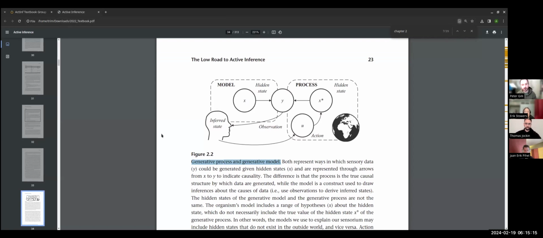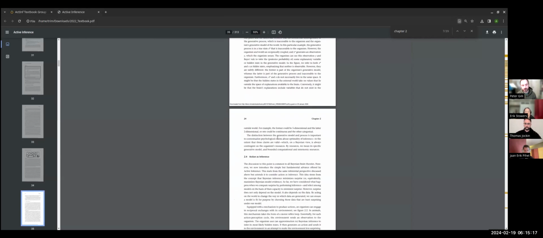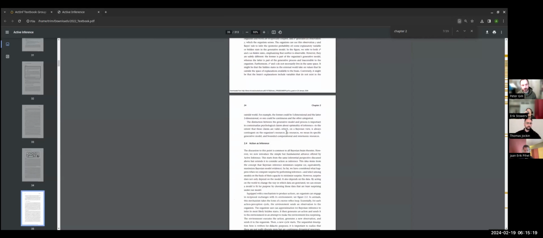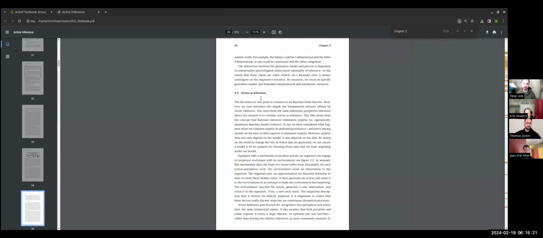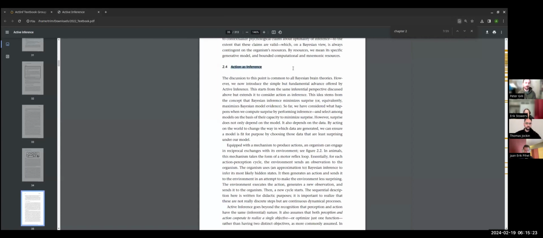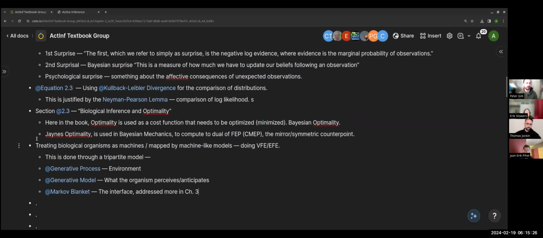And then, as the symmetrical counterpart for perception as inference, we can formulate that mechanism similarly for action, namely action as inference.